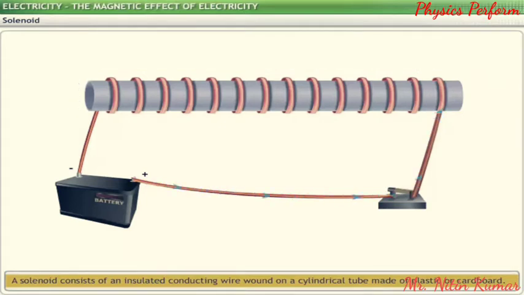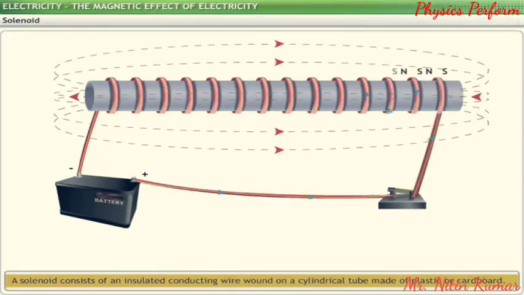When current passes through a solenoid, each loop in the solenoid behaves like a tiny bar magnet, with the south pole of one loop facing the north pole of its adjacent loop, and vice versa. Thus, a solenoid consists of a number of tiny magnets of equal strength.